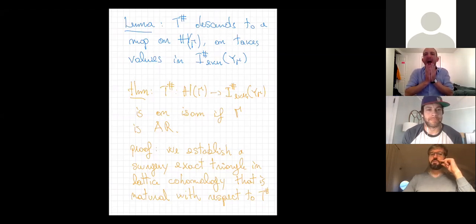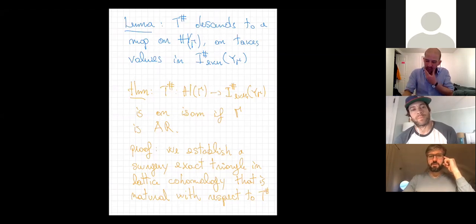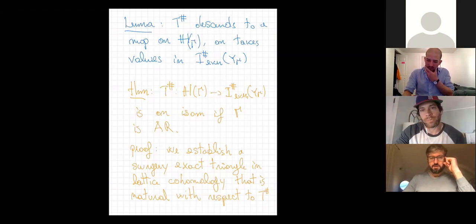Didn't you say at some point that a map on I sharp was factoring through H gamma? I forgot how that worked. So the point is that when you define T sharp, you use these cobordism maps.